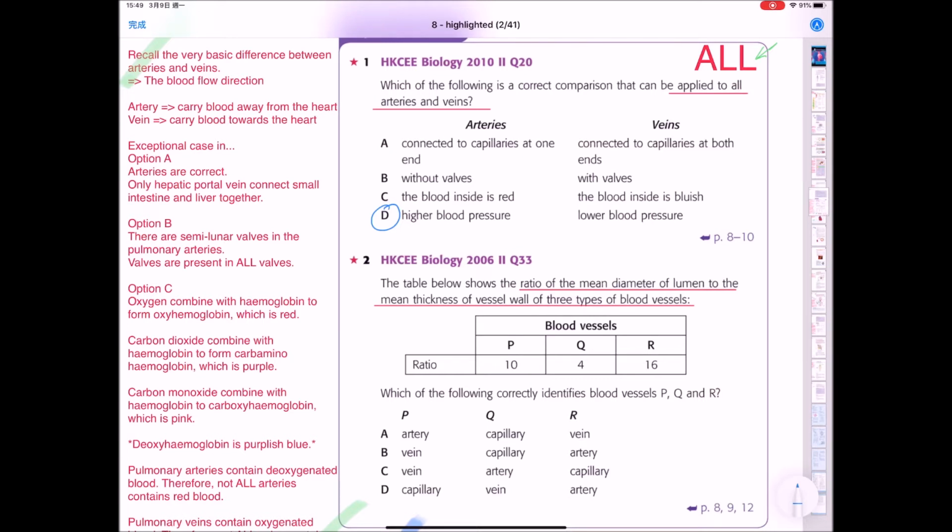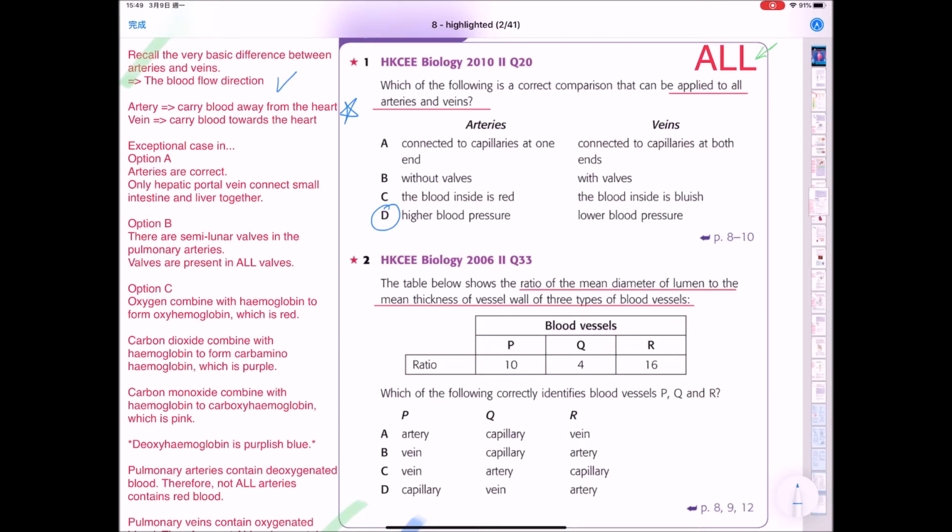The reason is that we need to clarify the blood flow direction first. Arteries carry blood away from the heart, and veins carry blood towards the heart. That's the fact we need to know first. Once we know this, we can compare the blood pressure.